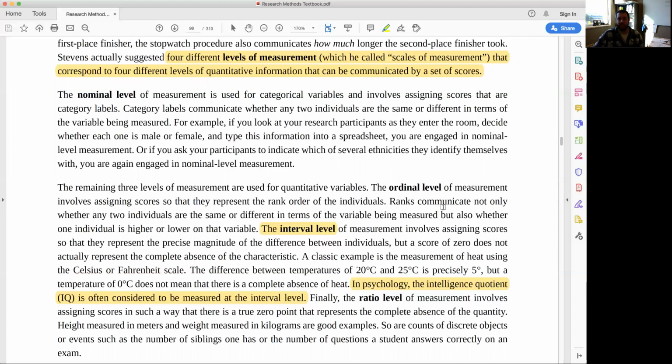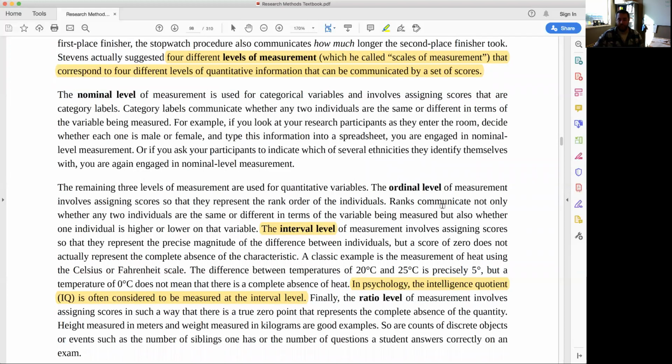Whereas with ordinal, there typically is a rank order. So if you were just asked, what is your college major, and somebody presented all the different majors, that's going to be nominal. But if they were to present it in terms of the most commonly taken or most stated major, you could then do ordinal.